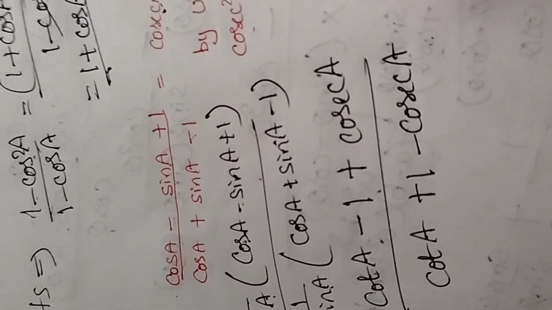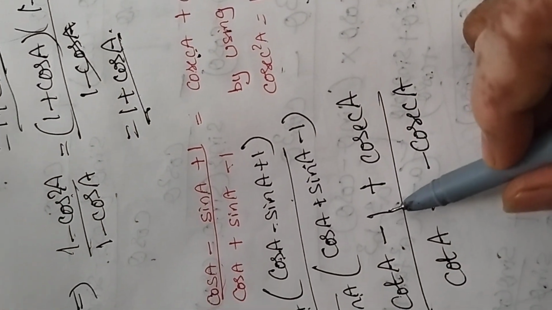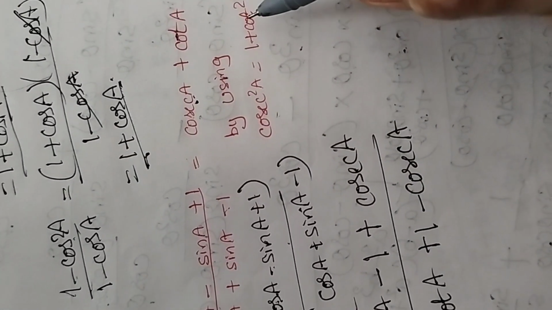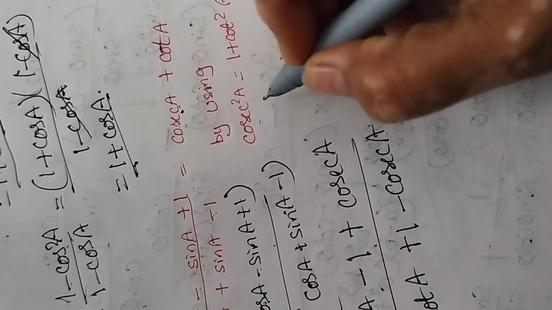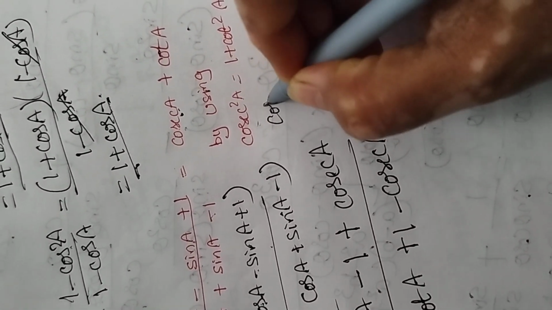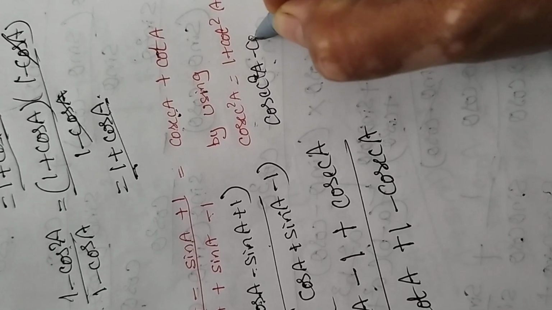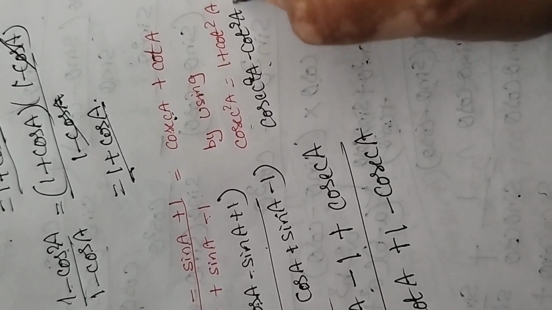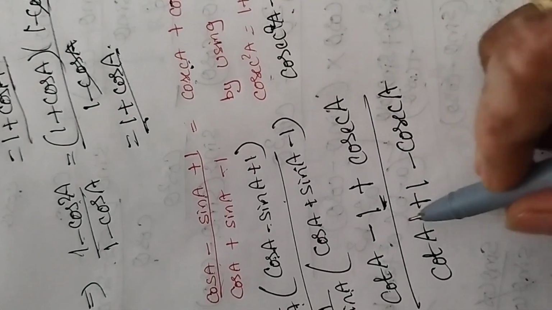Okay, next you observe this one. Instead of 1 I am writing cosecant square A minus cot square A. What I did: cosecant square A minus cot square A equal to 1. I am substituting this instead of the numerator 1.